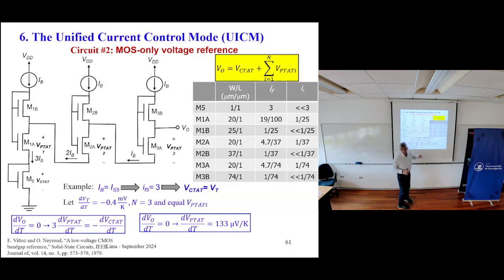We want a voltage reference to be independent of temperature, so we need this graph, Vref versus temperature, say from -20 to, depending on the application, up to 80 centigrade.